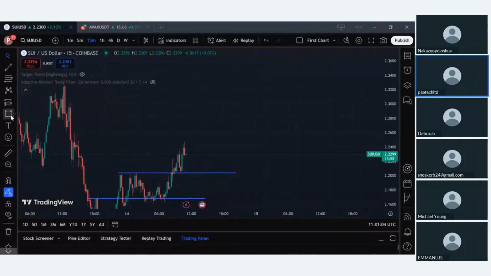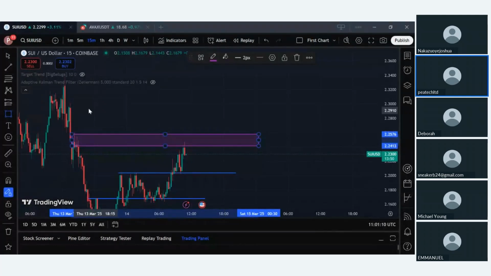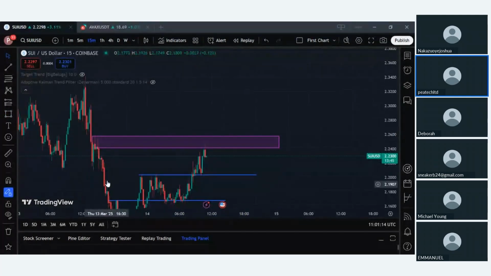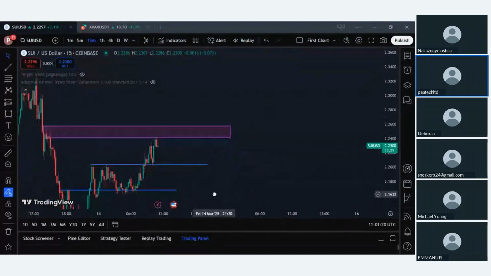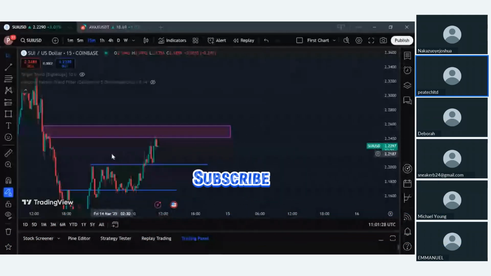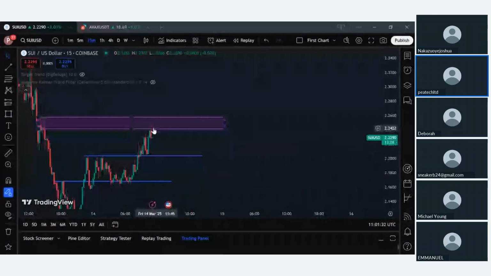However, if we look closely, you see that there is kind of a rejection from this zone, right? Look at this zone very well. The market experienced rejection at this point that pushed the market downward, and taking a buy entry here because of this engulfing may be a risky entry. So we are not going to take that entry yet.